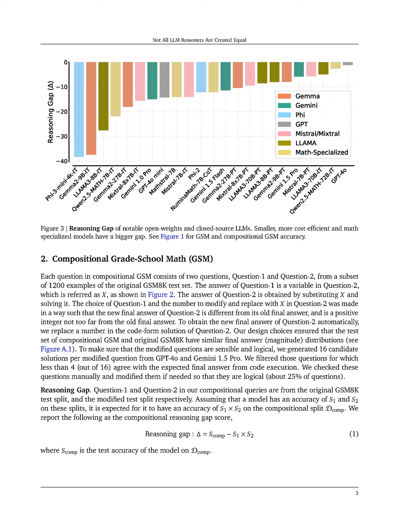To ensure logical coherence, 16 candidate solutions for each modified question are generated, and only those with at least 4 agreeing with the expected final answer are retained. The final answer for question 2 is then obtained by substituting X and solving the modified question, allowing for a systematic evaluation of the LLM's reasoning capabilities.